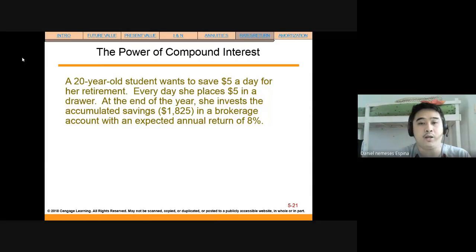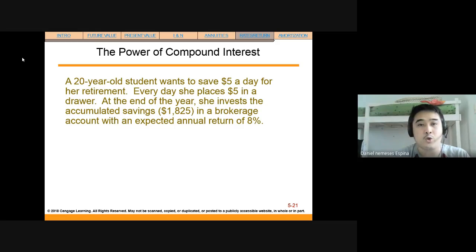So at the end of the year, she has 1,825 and puts it in a brokerage account, which refers to probably stocks or bonds or mutual funds. It has an expected annual return of 8%. Each year she puts 1,825 at the end of the year, so this is an ordinary annuity.